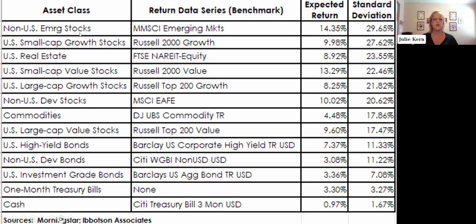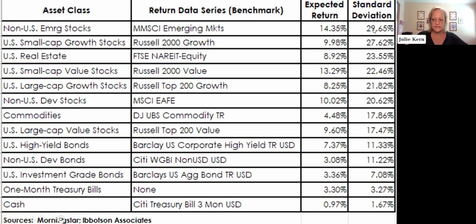That's emerging markets, which means undeveloped countries, so it makes sense that those would be more volatile because to have a business within a company or within a country that's not developed just carries a lot more risk. But at the same time, it also produces the highest expected return.